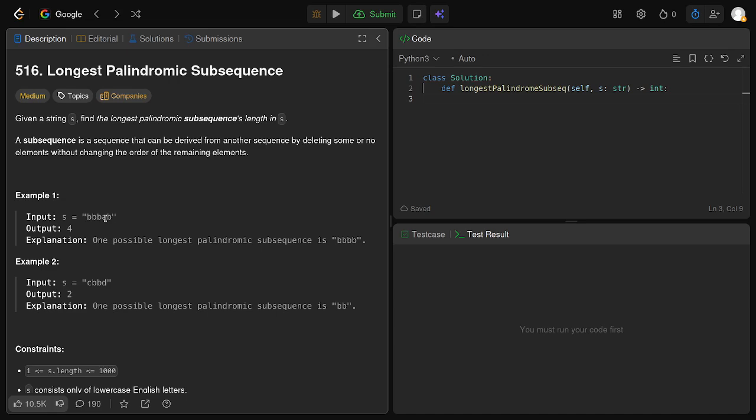Well, if we end in i, j, which have to be the same index, then we would have to find a single character, right, which should work. So dp[i][i] is 1, dp[i][j] is 2 if s[i] and s[j] are equal.